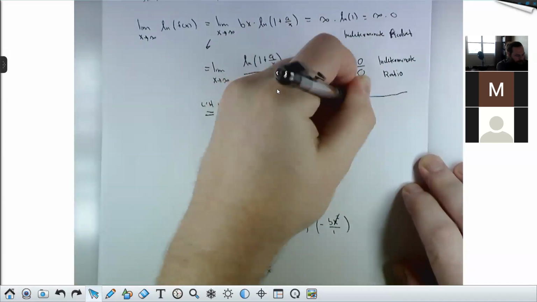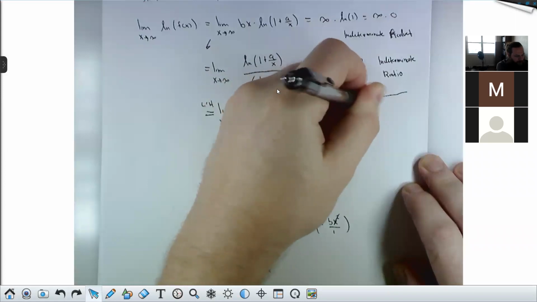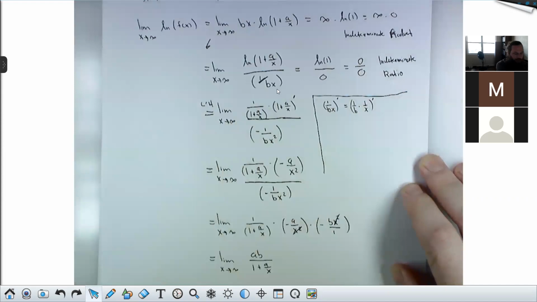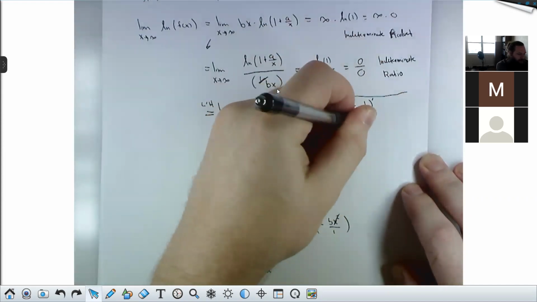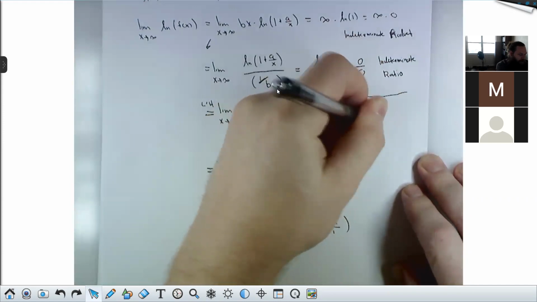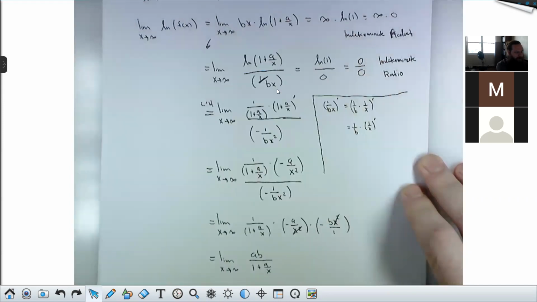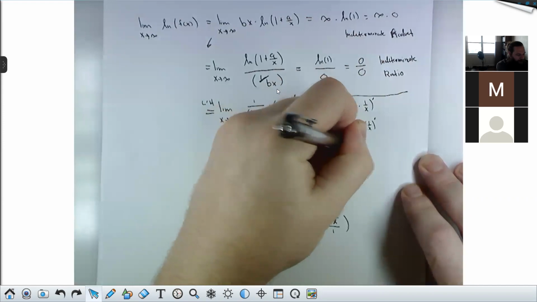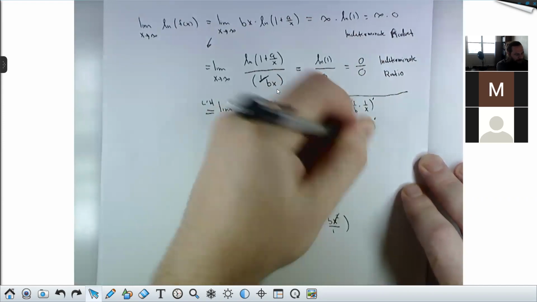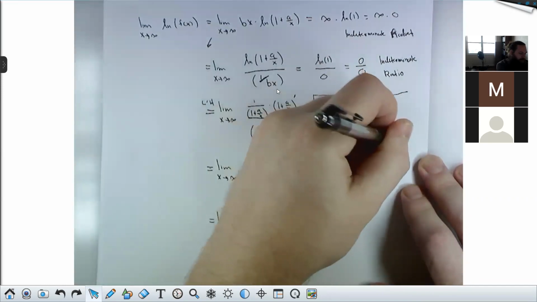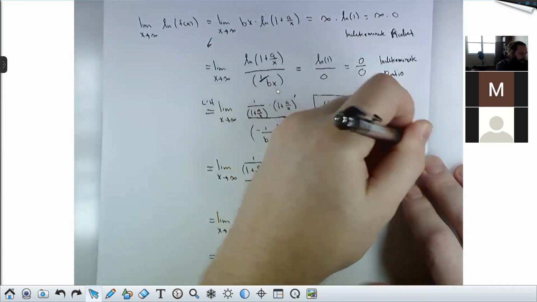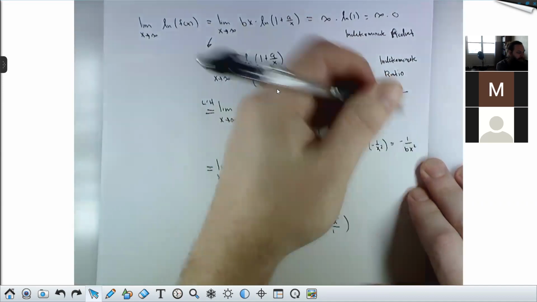This is 1 over b times 1 over x all primed. 1 over b is a constant, so this is 1 over b times 1 over x primed. And if you prime 1 over x, you get negative 1 over x squared. So if you put that together, that's negative 1 over bx squared.